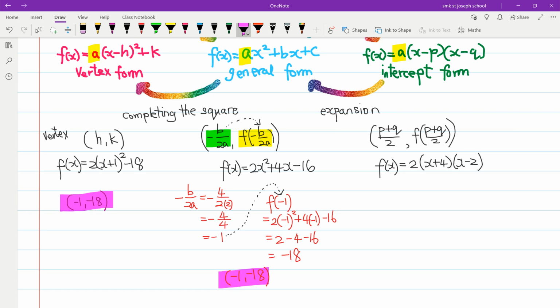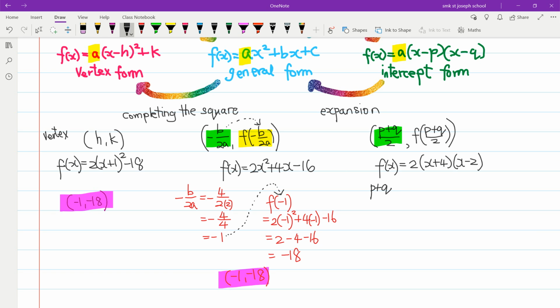All right. So finally, let's look at our intercept form. We can get the vertex by p plus q over 2. That's what we are going to do.